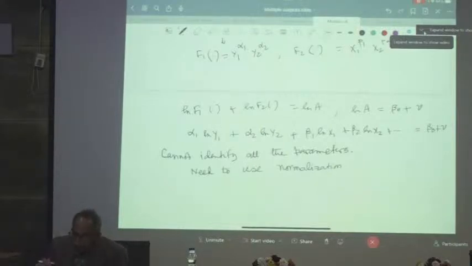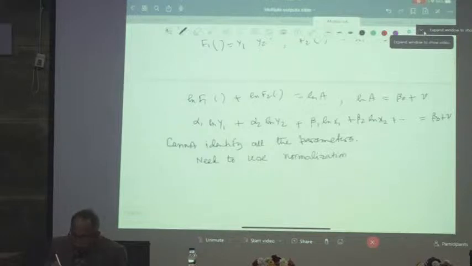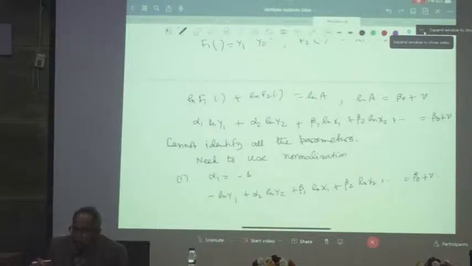So let's look at it this way. If we normalize alpha 1 to be equal to minus 1, or 1, it doesn't matter which way you go, then we have minus log of y1 plus alpha 2 log of y2 plus beta 1 log of x1 plus beta 2 log of x2 is equal to beta 0 plus b. So what you can do is take y1 on one side and the rest on the other side.